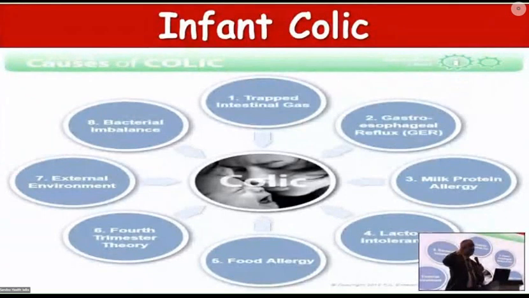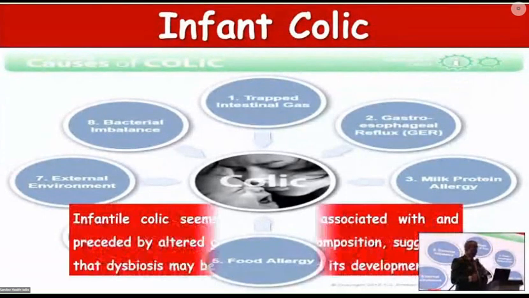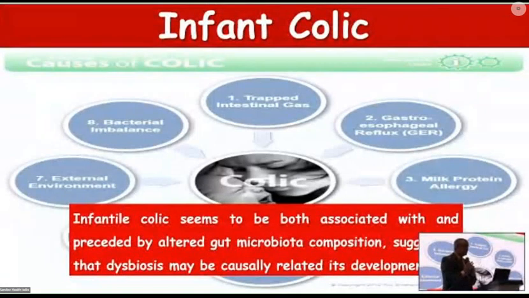But recently, bacterial imbalance seems to be associated with infant colic. Research has found that infant colic is associated with and preceded by altered gut microbiota, which is dysbiosis, suggesting that this dysbiosis may be related to its development.